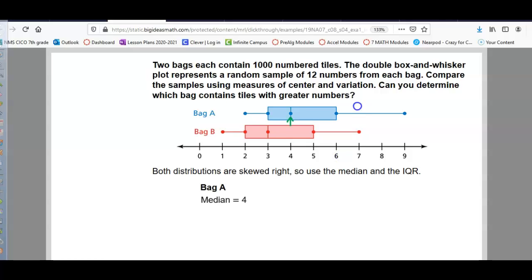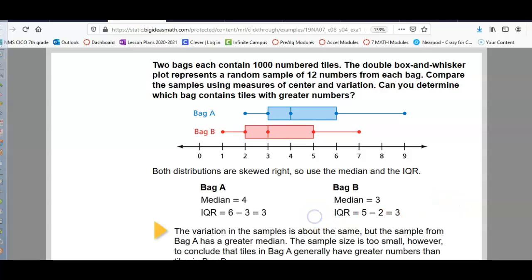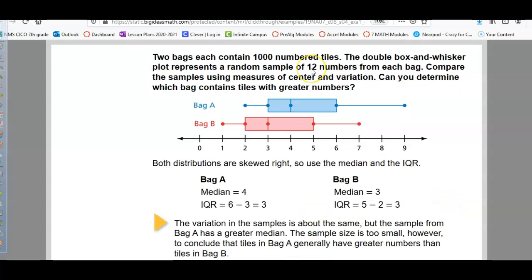For bag A, the median is 4, and the IQR would be 6 minus 3, so that would be 3. Bag B, the median is 3, and then we have the IQR of 5 minus 2, which is 3 as well. So here, the median of bag A is slightly larger than bag B, but the IQRs are the same. Do we conclude that tiles in bag A generally have greater numbers?